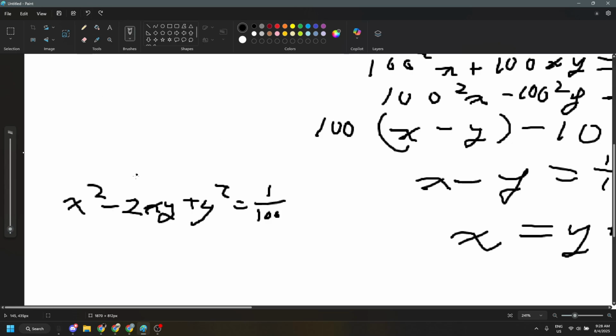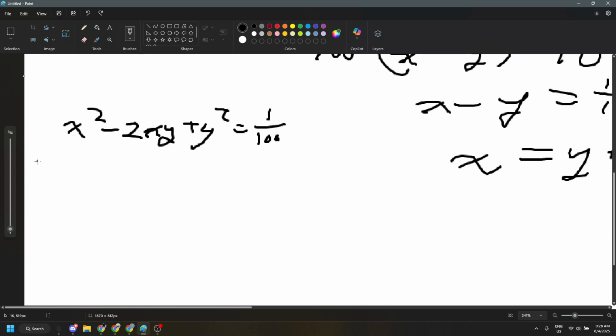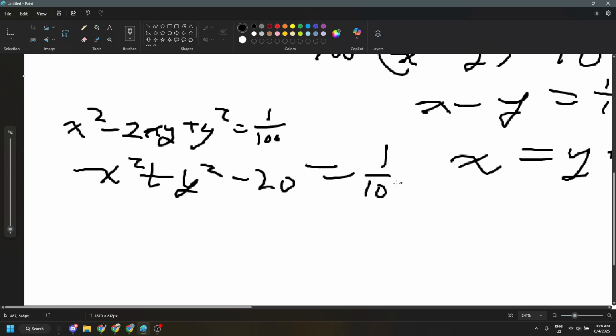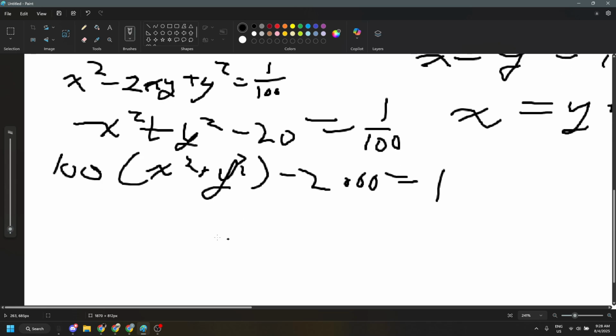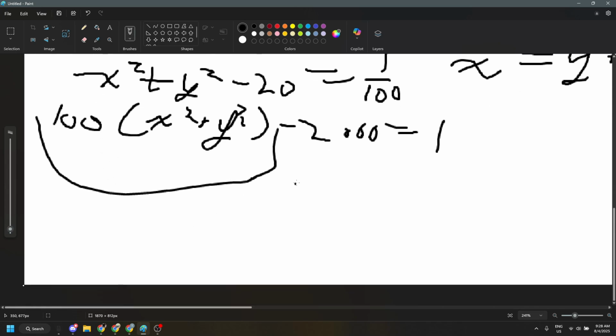And then this is xy, so minus 20, because this is 10, right? So x squared plus y squared minus 20 is equal to 1 over 100. So then 100 times x squared plus y squared minus 2000 is equal to 1. So this thing is equal to 2001, and that's the answer.